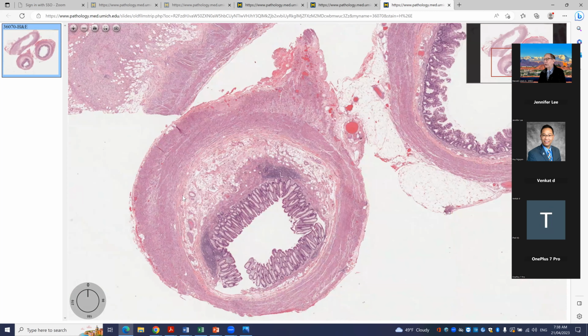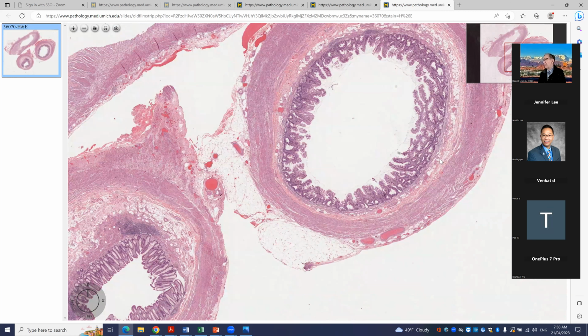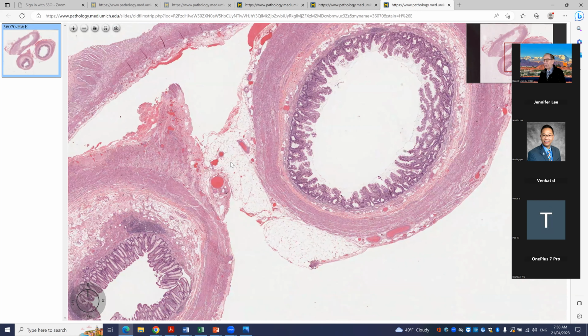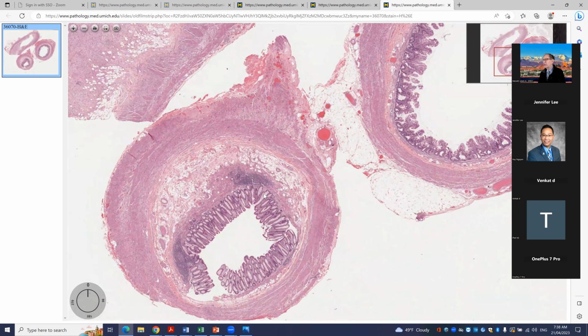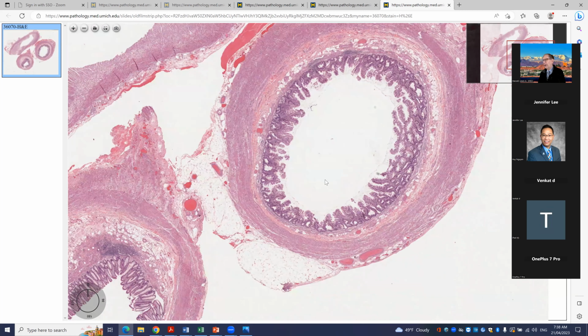Well, one thing that you should immediately pick up on is the diminished amount of inflammation of the lymphoid population. We have a few lymphoid aggregates over here, but broad spaces with little or no lymphoid inflammation.